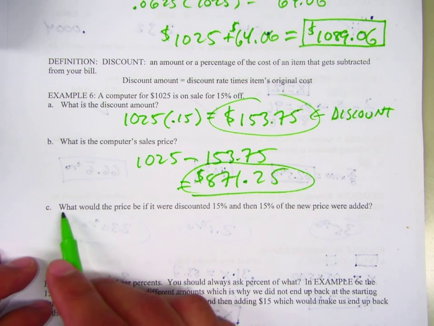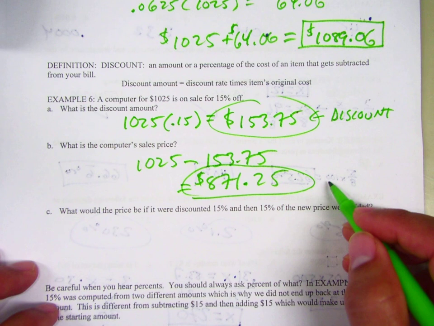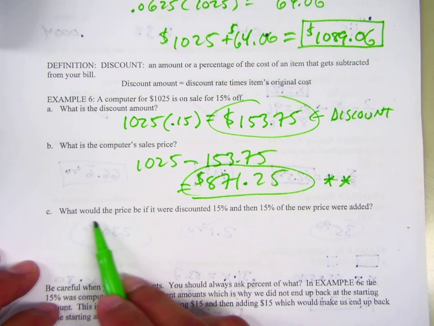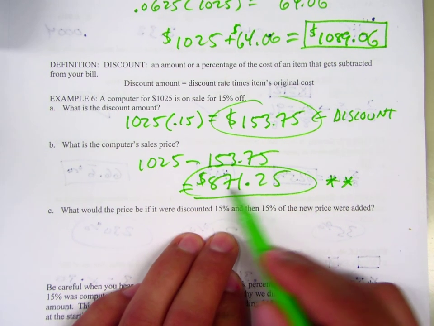So let's say currently we're looking at this sales price right here. And the question is, what would the price be if it were discounted 15%, which we already did, that's right here, but now 15% of the new price were added.